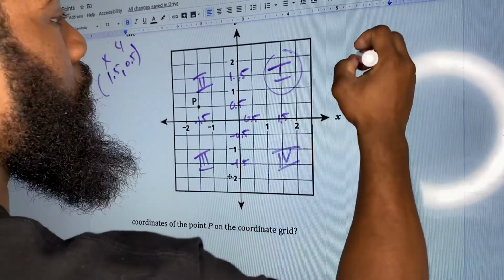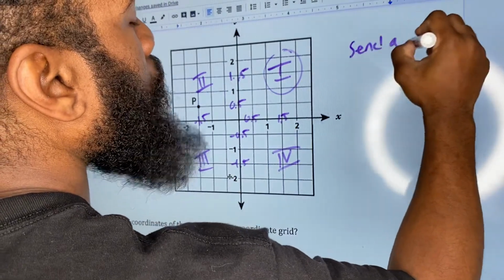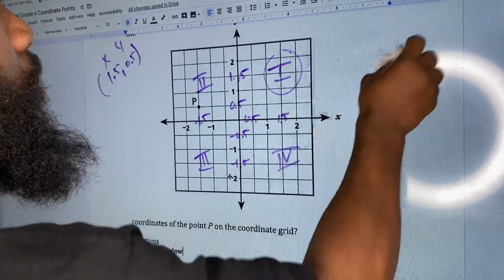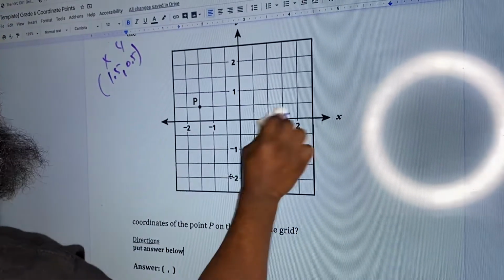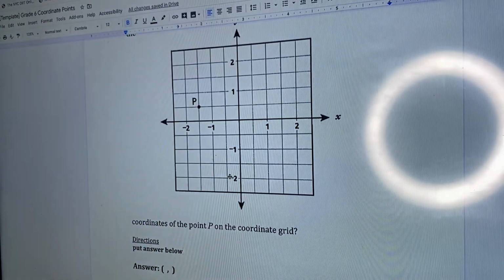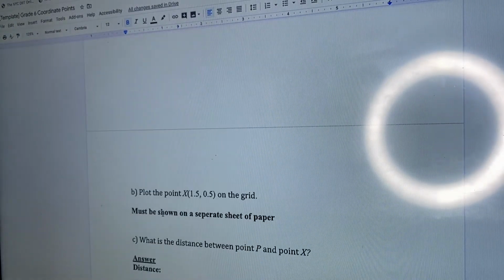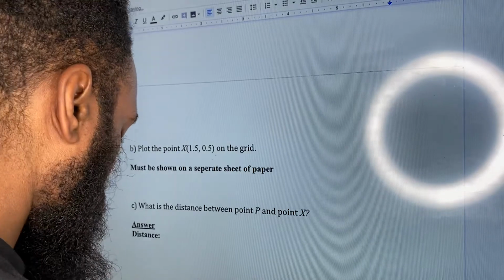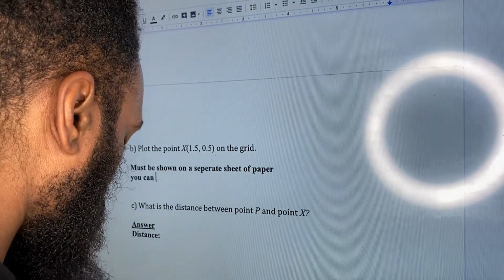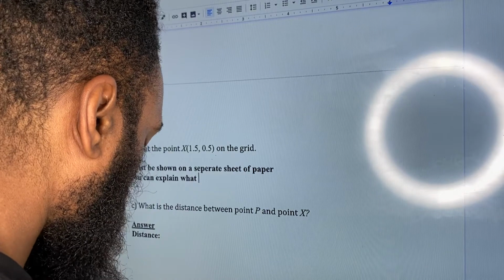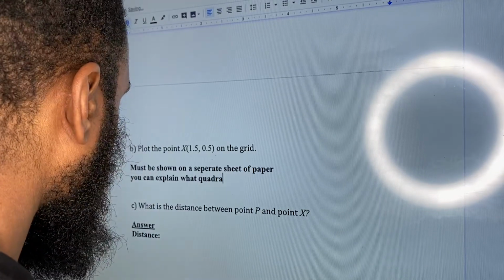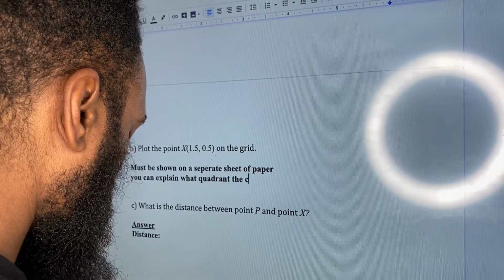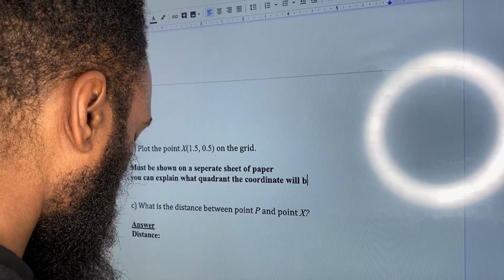Here, for this question here, I'll erase this. You can either create this graph on a separate sheet of paper and plot that point, or you can explain what quadrant the point, the coordinate will be in.